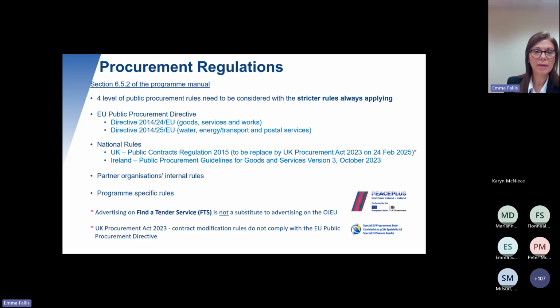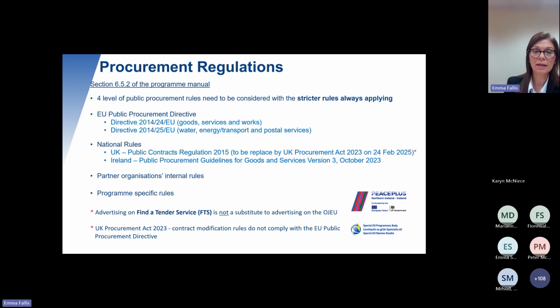So one thing we need to be mindful of is that projects in receipt of European funding still have to comply with the European Public Procurement Directive. Where the UK Procurement Act steps away from things included in the Public Contracts Regulations 2015, projects will have to put in place extra steps to ensure full compliance.